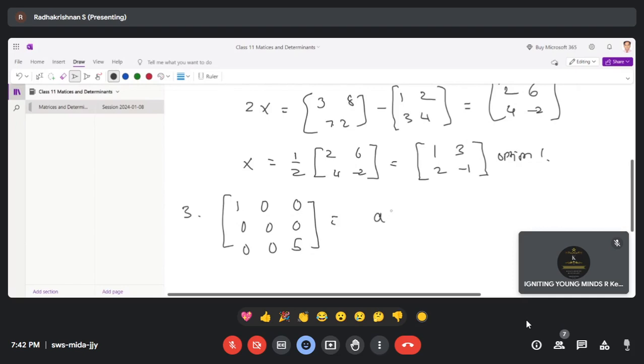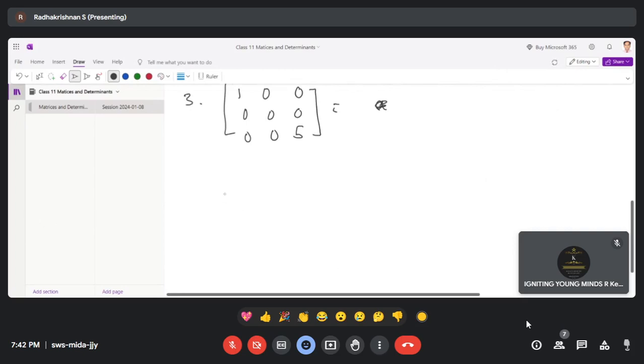And the formula is the scalar matrix. I is having only the diagonals. Rest are all zeros. So this is your I. So you multiply I by any scalar number, like let us say A. You multiply it by A. So this is a scalar matrix AI.